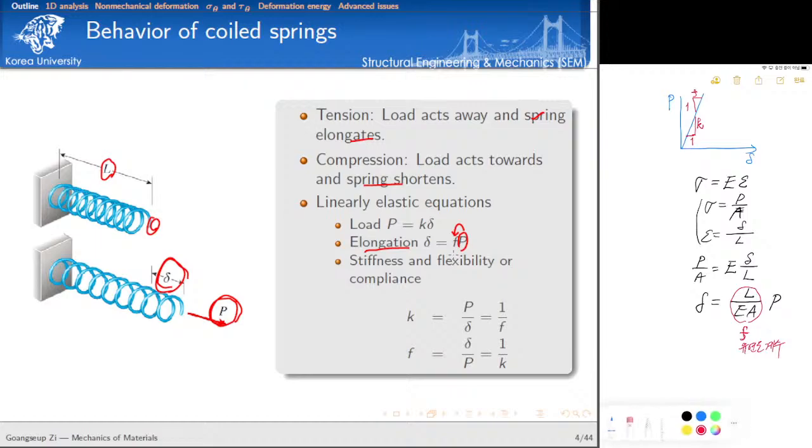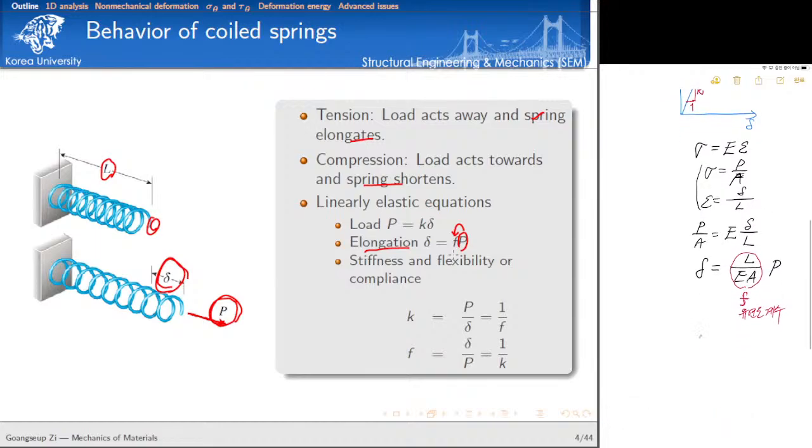Alright, let's rearrange that equation with respect to load P. So if you do that, P is equal to EA over L times elongation. So if you compare this equation with that we formulated for one-dimensional spring, here we can find the left-hand side load P and the right-hand side elongation, and then the proportional coefficient, the stiffness, isn't it right?